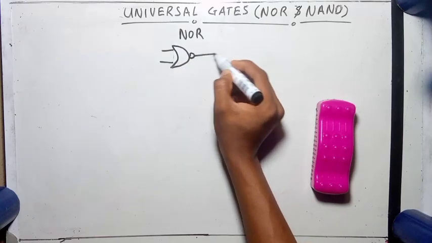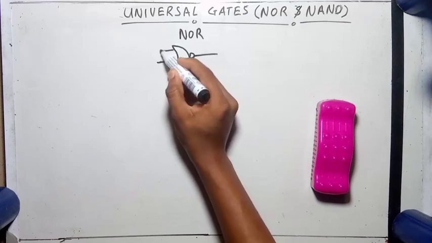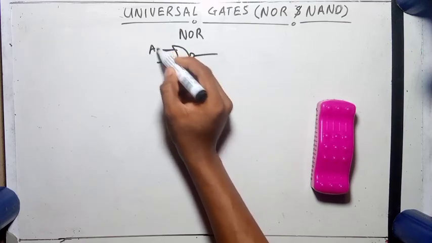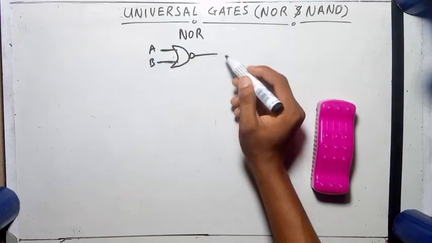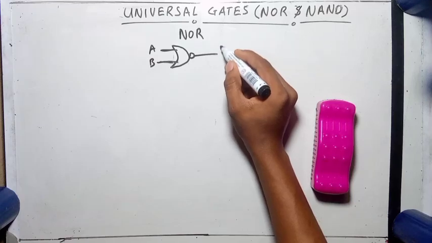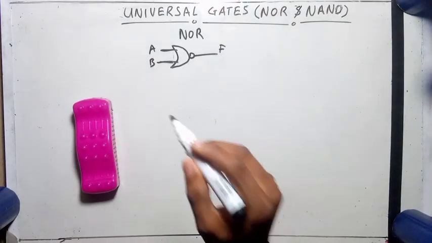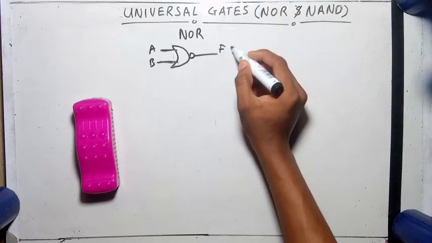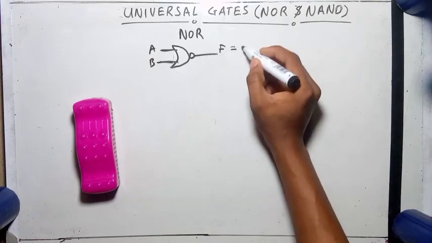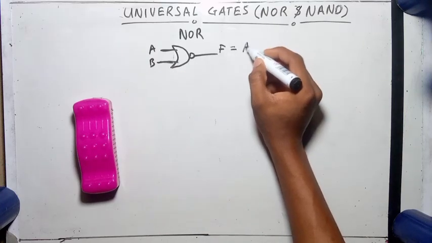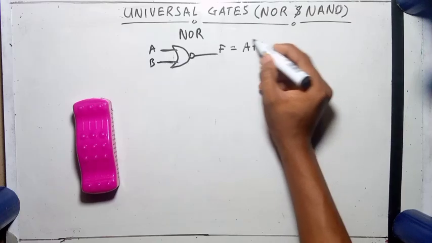The bar is an important distinction between it and the OR gate. Then you have your output here, let's call it output F. The expression for our output is (A plus B) bar.